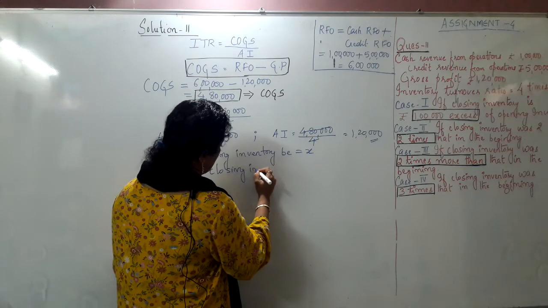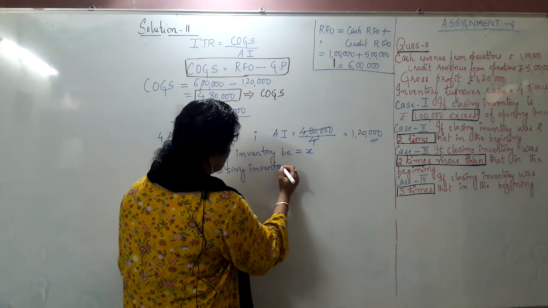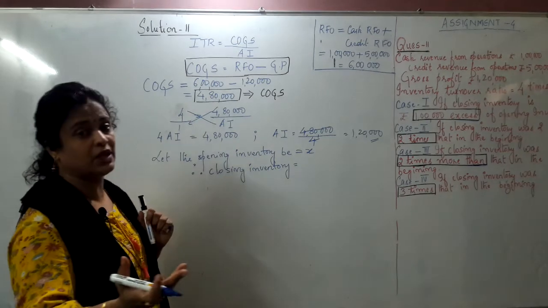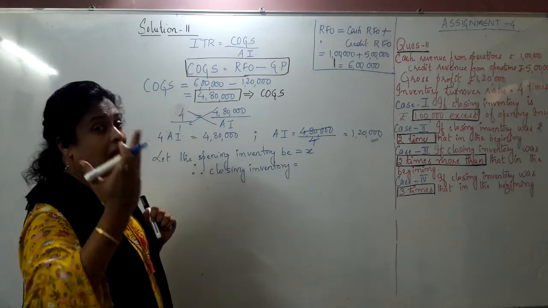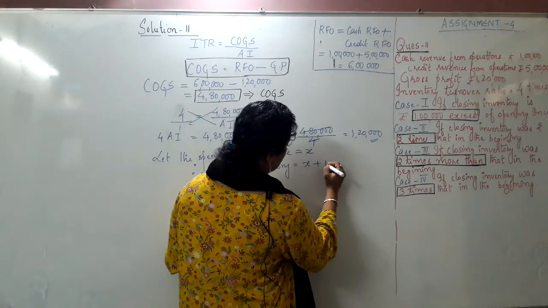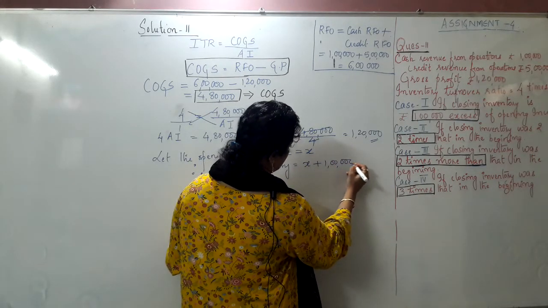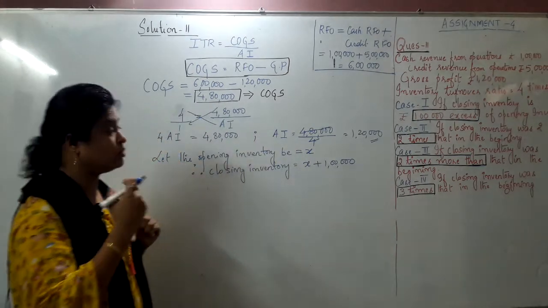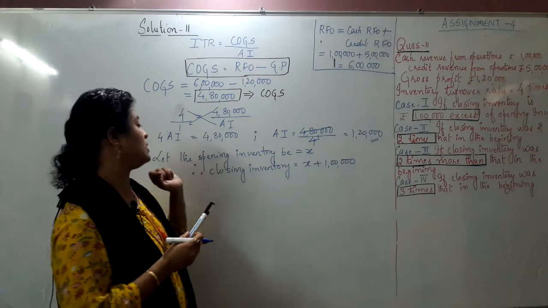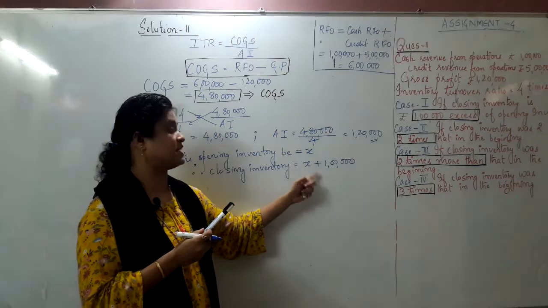The question says it is in excess of opening inventory, that means 1 lakh more than opening inventory. More than means X plus 1 lakh. Got it, children? So we have assumed opening inventory as X, and closing inventory as X plus 1 lakh.